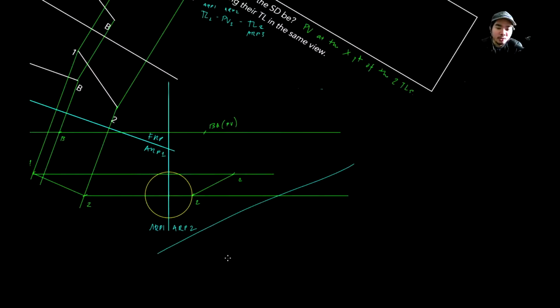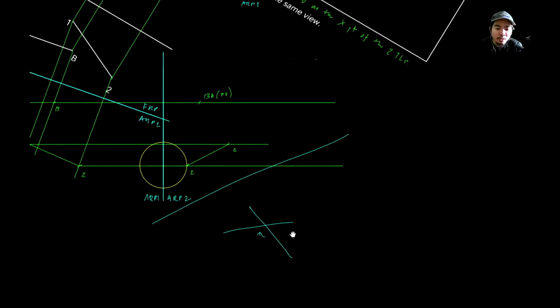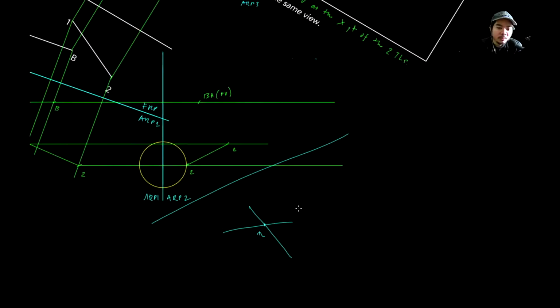Tapos create natin yung true length ni line 2, line 1, 2 here. Then, probably we can create a true length na ganyan, no? Tapos yung si BA, AB will be something like that. Parang ganito. Now, point view dito si shortest distance. So pag pinroject natin pa ganyan, true length siya dito. Tama?